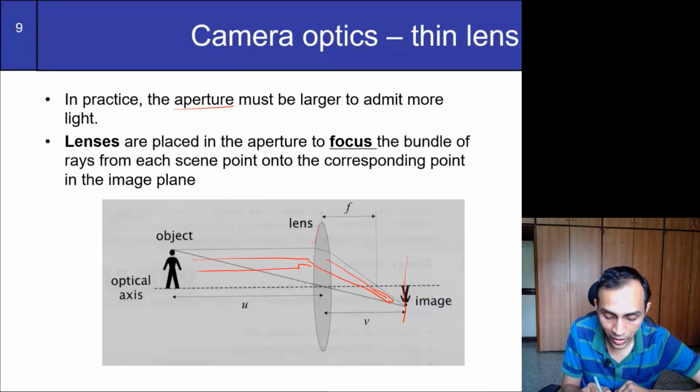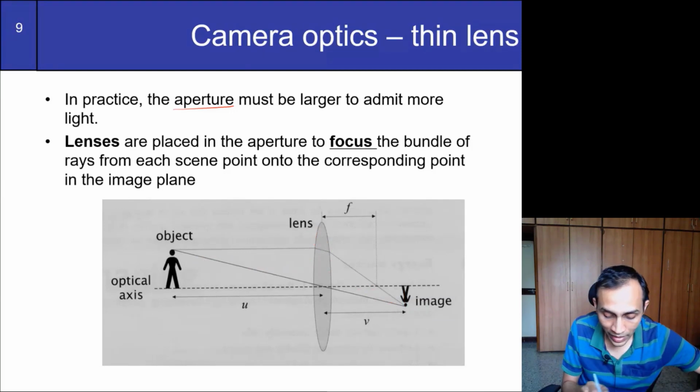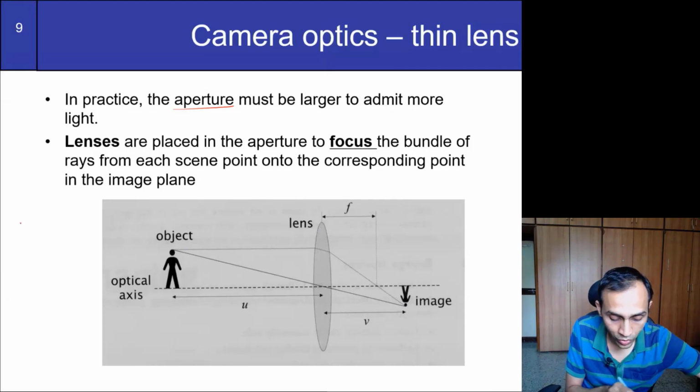And actually we use multiple lenses, not just one single lens. We use a combination of lenses to make it variable so that you can adjust the focal length and all that. But in that case, the equation changes. You no longer have the same similar triangle equations.